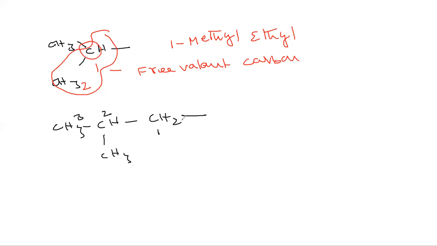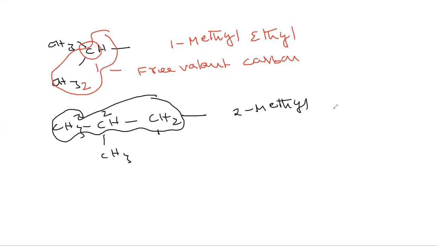What is the name of this alkyl group? The name is 2-methyl. I mean, at the second position we have a methyl substitution, and the chain has 3 carbons. That is 2-methylpropyl. Like that, you can give the numbering in the case of free valent carbon. Okay.